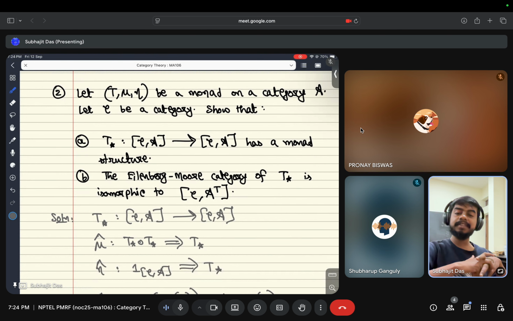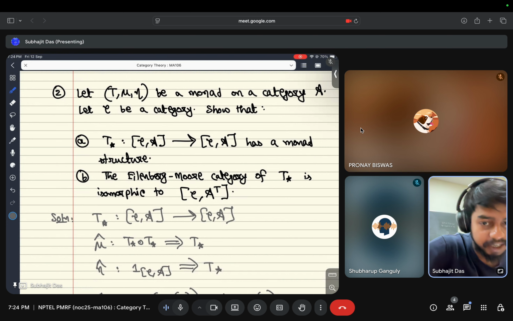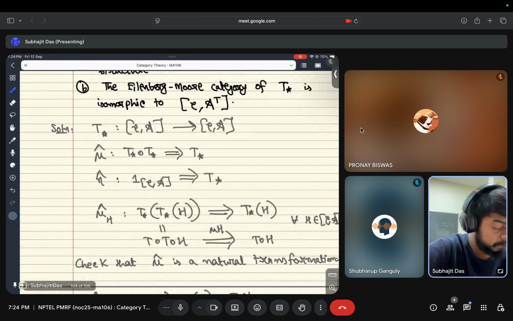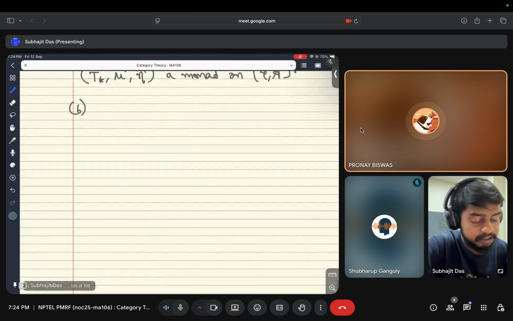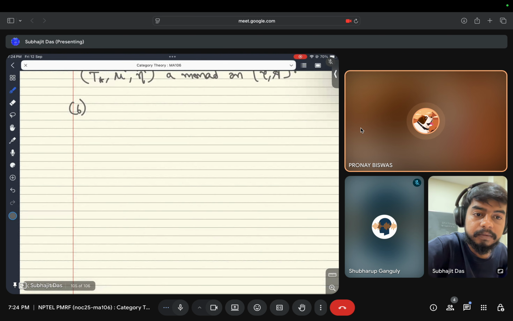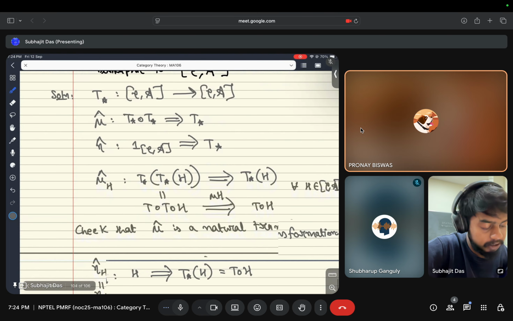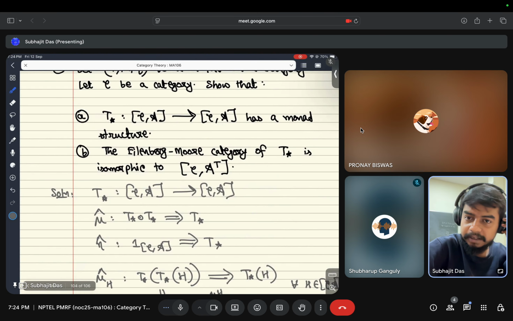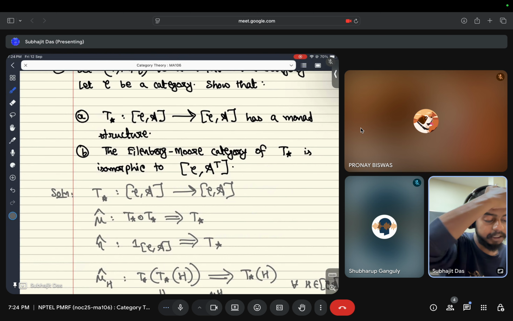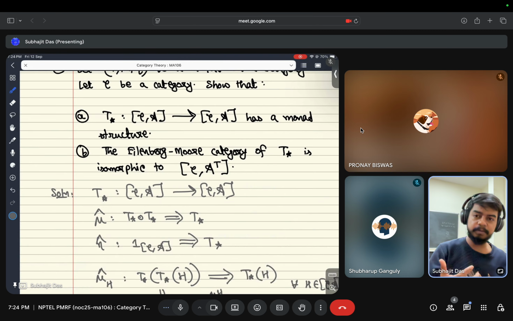What you want to show is this is isomorphic to C comma A T. Not only just isomorphic, naturally isomorphic actually, but let's just focus on isomorphic, isomorphic as categories, and in fact something more as well.